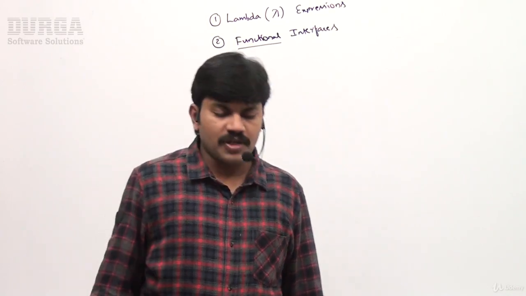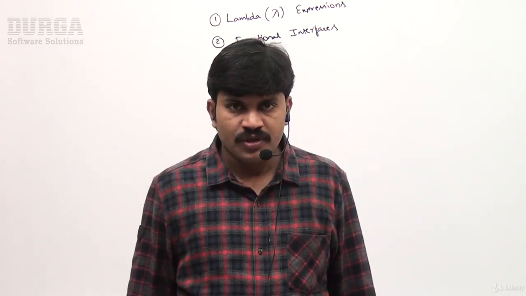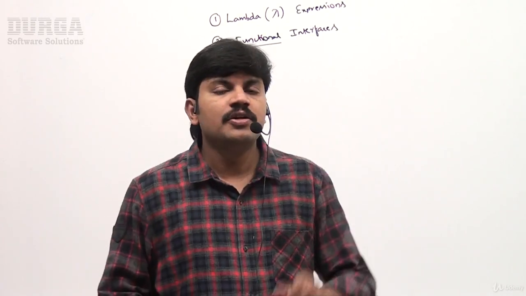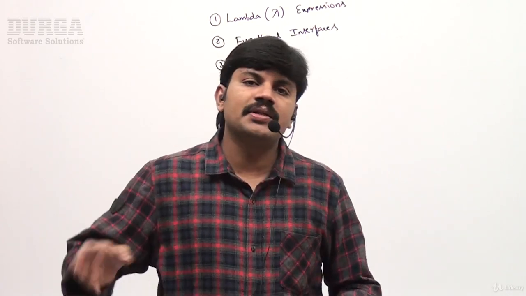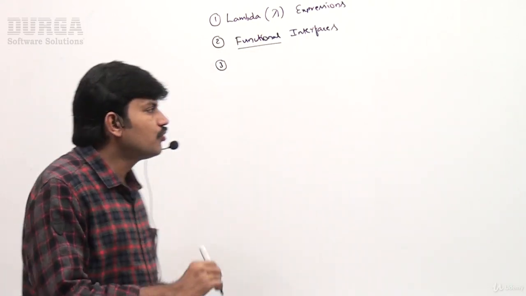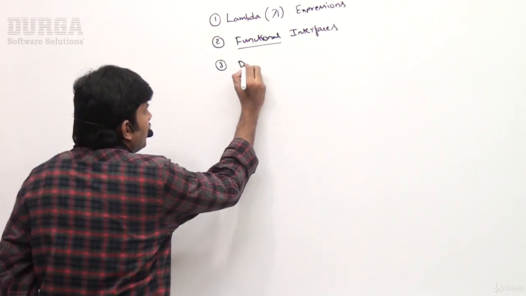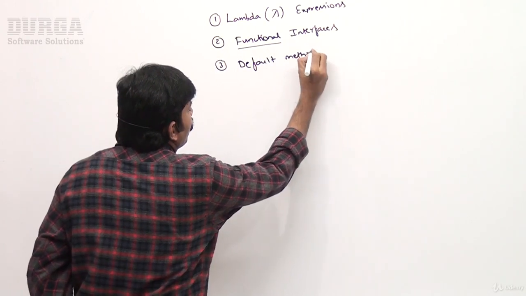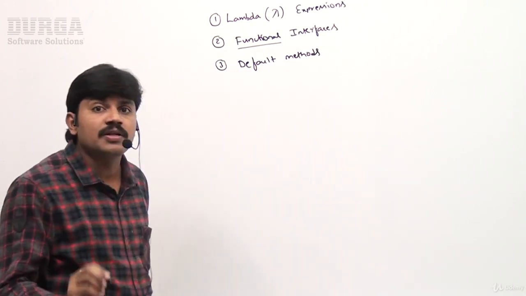This rule is applicable until the 1.7 version only. But in the 1.8 version, you can even declare concrete methods inside an interface. Those methods are nothing but default methods.